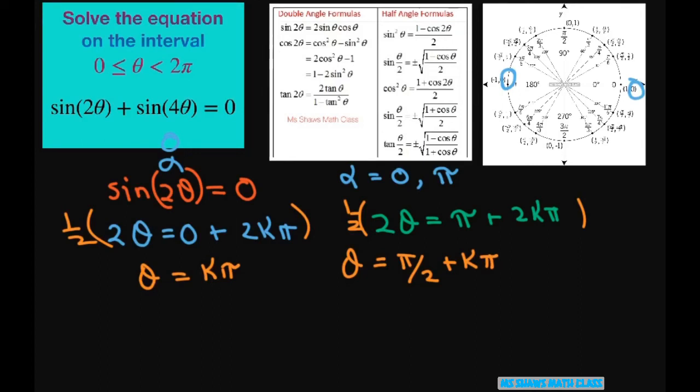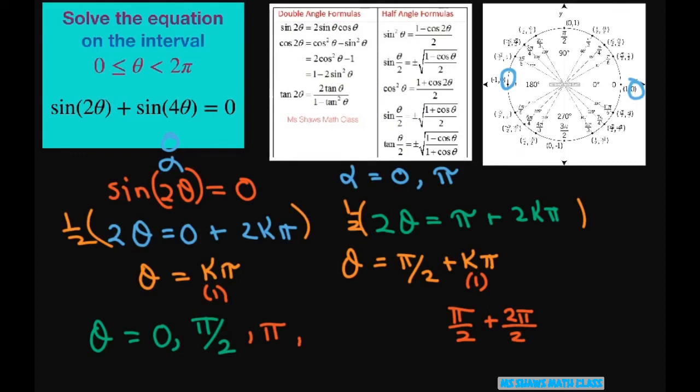So if k is 0, we get our angle equals 0, and on this one, we'd get pi divided by 2. If k is 1, if I plug a 1 in here, I'm going to get pi. For this one, I'm going to get pi divided by 2 plus pi, so 2 divided by 2, that gives me 3 pi divided by 2.